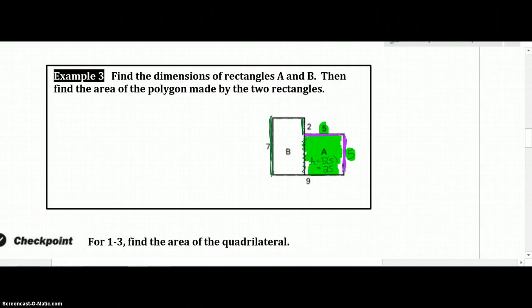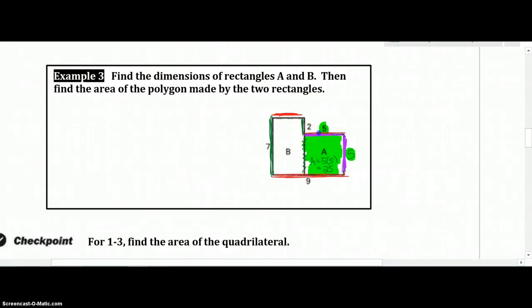If we look at rectangle B, we see that the height is 7, and now what we have to find is this width here. And again, I'm kind of using some of these terms interchangeably, but just know that you need to know two sides of the rectangle. So, kind of like what we did last time, we know that this entire length is 9.